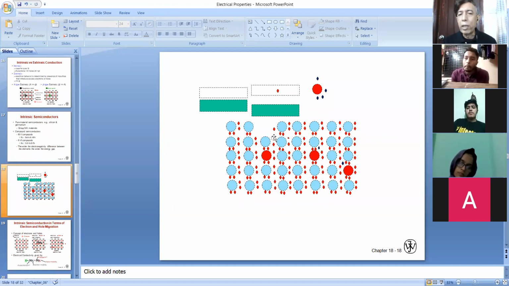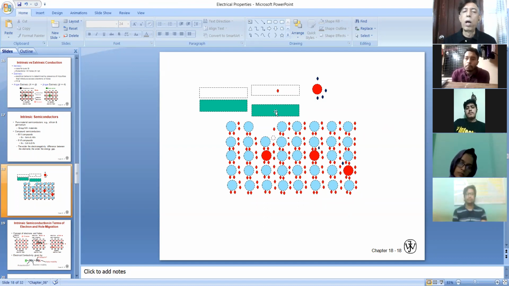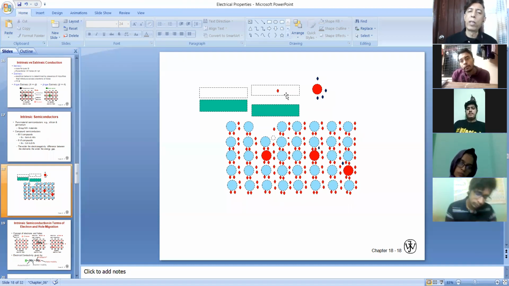Because from here an electron goes to the conduction band. So there is a hole. If from here one electron goes from valence band to conduction band, you will find a hole here also.